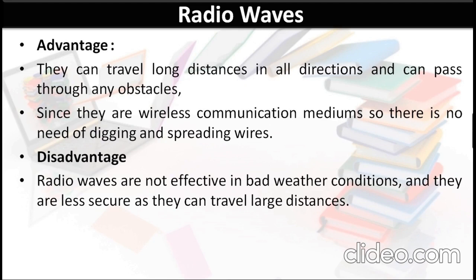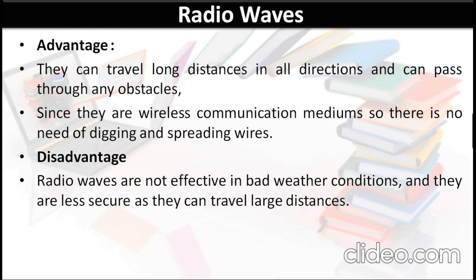So this is the main advantage. The second one is, since radio waves are a wireless communication medium, there is no need of digging and putting wires and spreading the wires across all the cities, right? So that is also the second advantage.